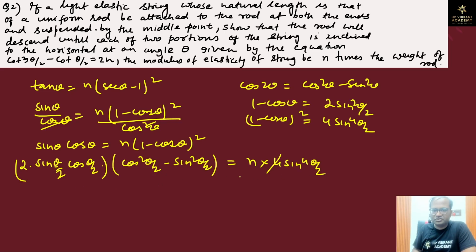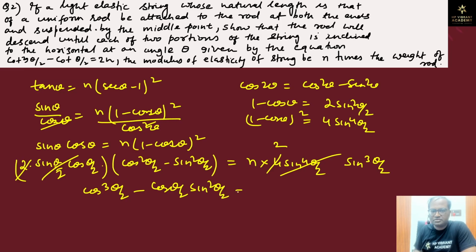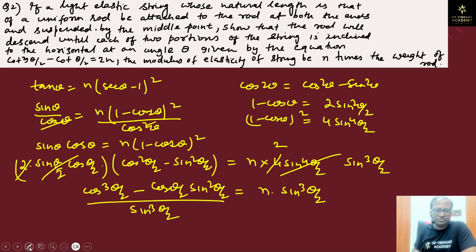Okay, so this gets cancelled. This is 2. So this gets cancelled, and this is sin cube theta by 2. So we have cos cube theta by 2 minus cos theta by 2 into sin square theta by 2 equal to n times of sin cube theta by 2. This we can divide by sin cube theta by 2, so we are left with n.